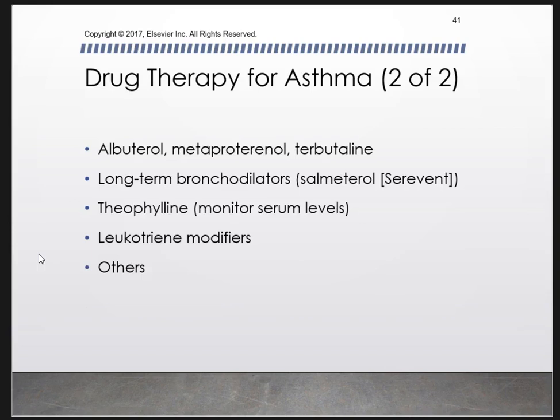We've got your long-term bronchodilators, like your salmeterol or your Serevent, the Foradil. I do see that one pretty regularly. The same thing with your leukotriene modifiers. I mentioned albuterol. And then the last one says others, because there are so many more. So overall, when it comes to meds for asthma, I want you to be aware of the different classes so that you understand why they're on that, what it's for, versus specific names.